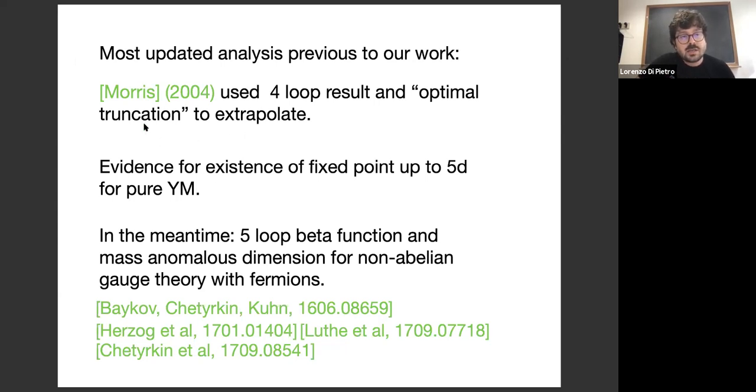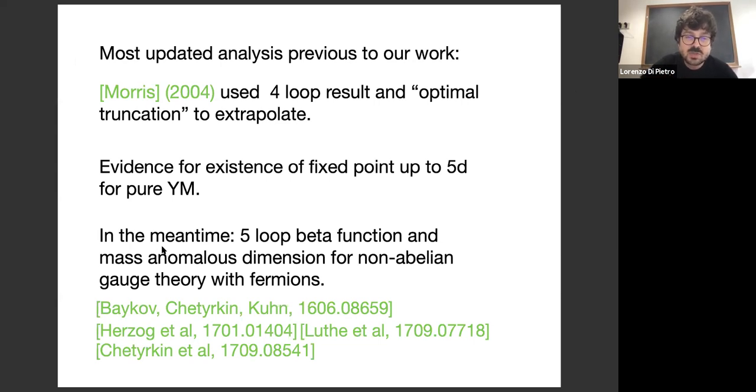And his result is that he found evidence for the existence of this fixed point up to 5 dimensions for pure Yang-Mills. So strictly speaking, he did it for SU(2), and he did it in the limit in which the number of colors goes to infinity. And then he said that since in both cases he found evidence, presumably it works also in between.